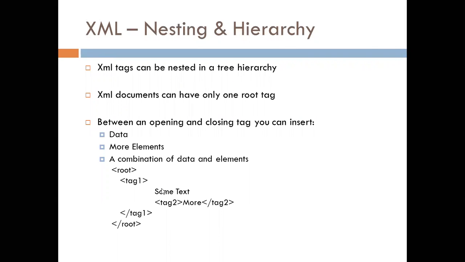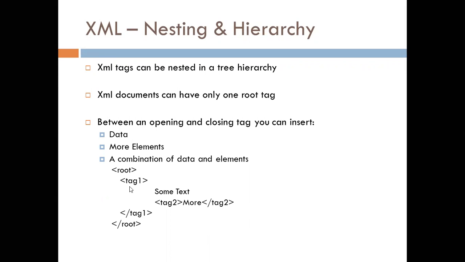So XML tags can be nested in a tree hierarchy. XML documents can have only one root tag. Between an opening and closing tag, we can write any number of data elements and a combination of data and elements.